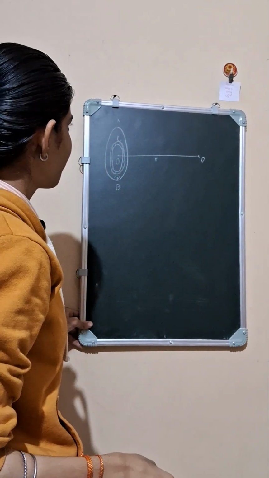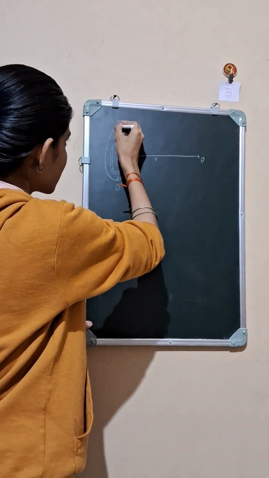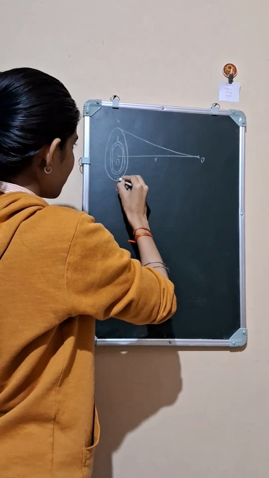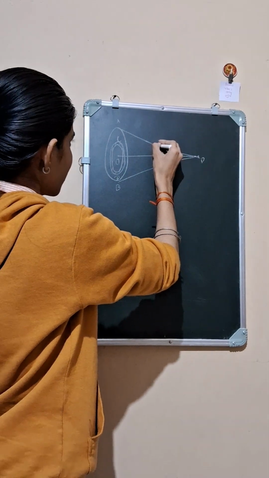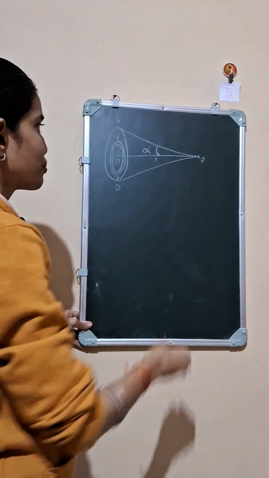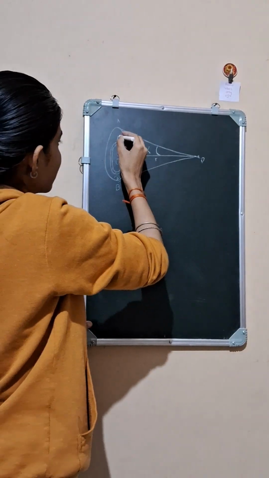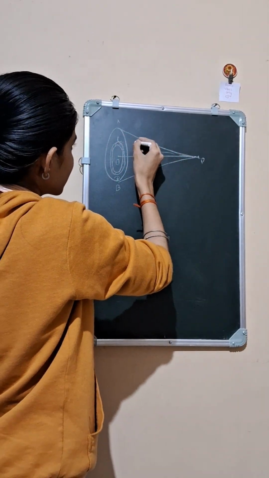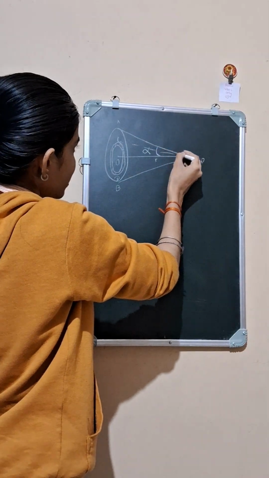So now let us suppose this makes an angle alpha with point P, and let us suppose this ring makes an angle theta.